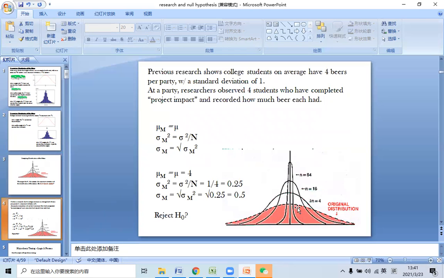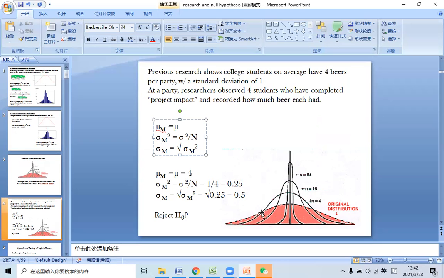Suppose you know the distribution of individuals. If you know the distribution of individual scores, you can calculate the distribution of sample means. Here is the relation, and it is at the level of variance. Sigma squared is variance.